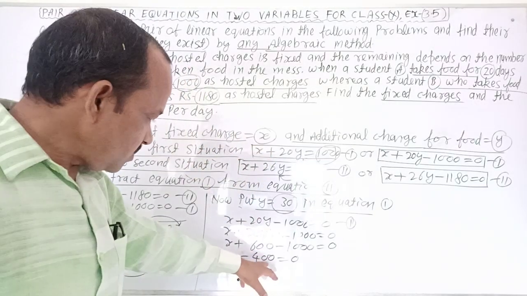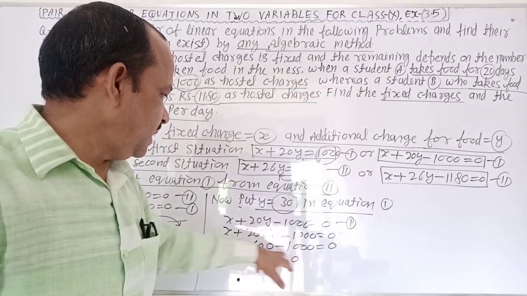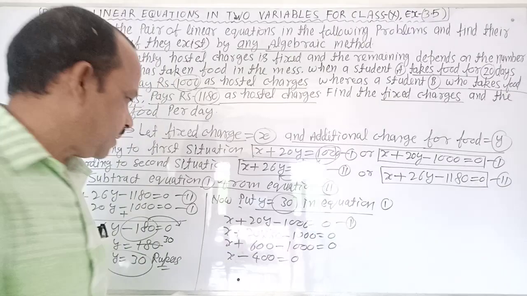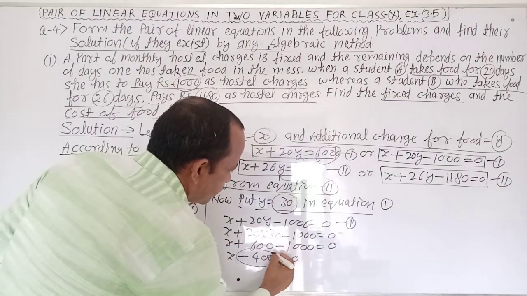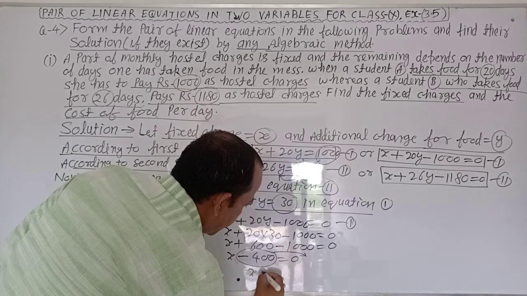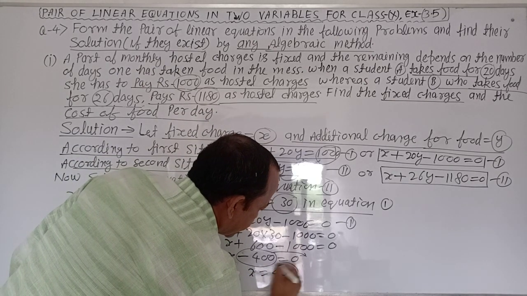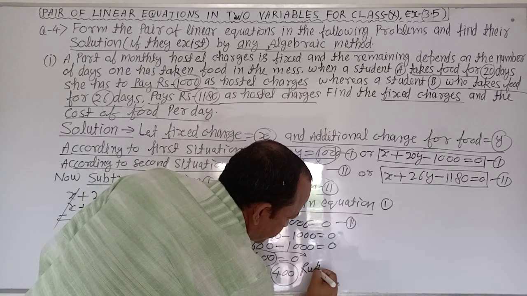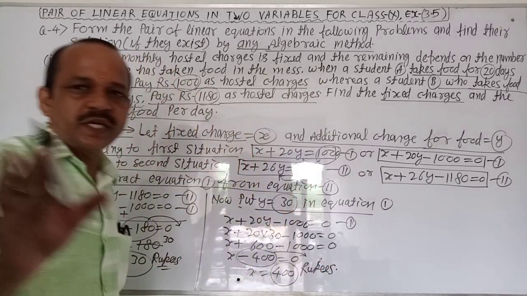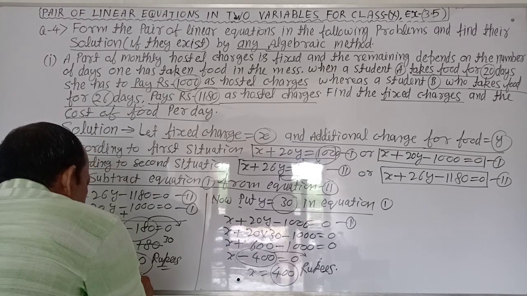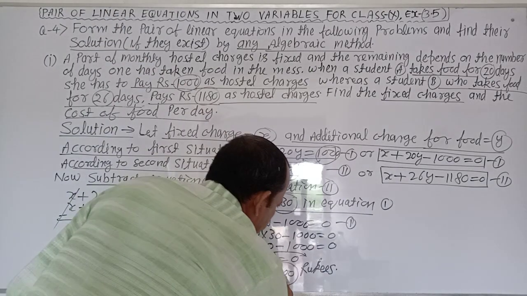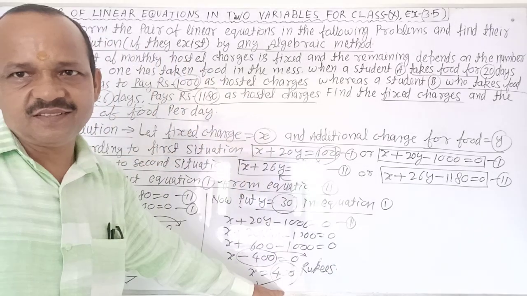Clear? Here plus 600, here minus 1000. Subtract, you find minus 400. You can write minus 400 on the right side of equal. It becomes x equal to 400 rupees. You find the value of y equal to 30 and the value of x equal to 400.